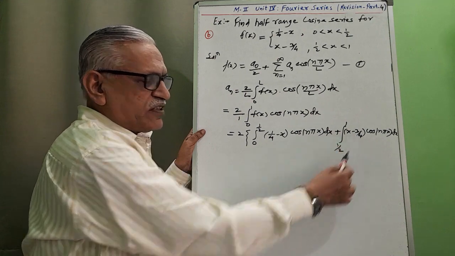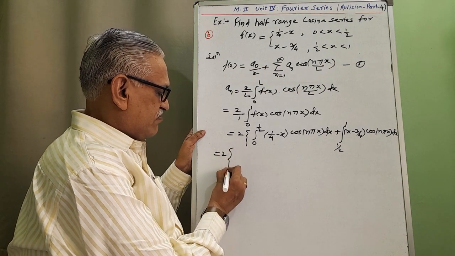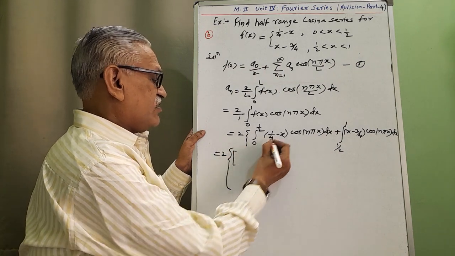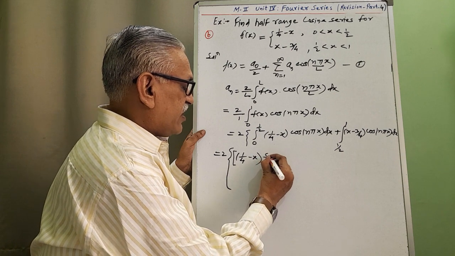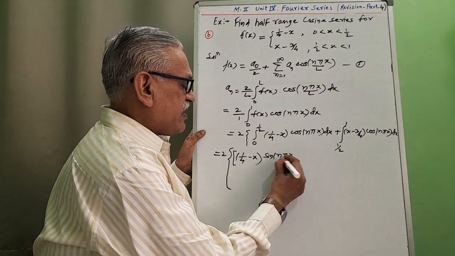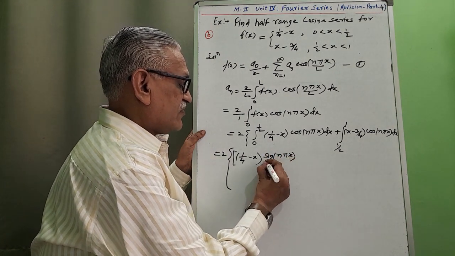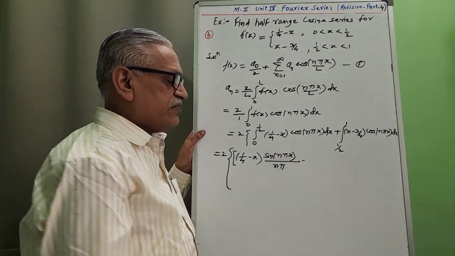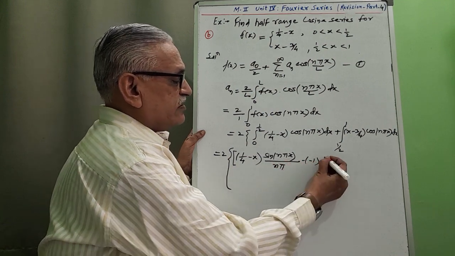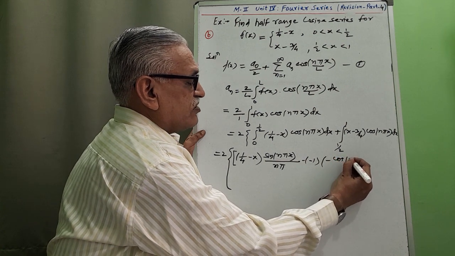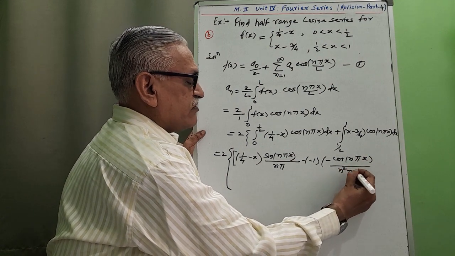Then integrating both the terms with respect to x by generalized parts, therefore it is 2 times: the first function is 1 by 4 minus x, integration of the second is sine of n pi x by n pi, then minus derivative of this term with respect to x, which is minus 1, next integration of sine, which is minus cos of n pi x divided by n square pi square.